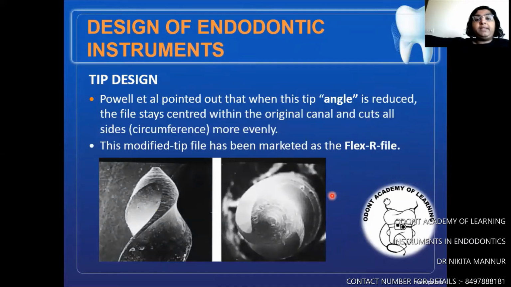Now coming to tip design, Powell et al. pointed out that when the tip angle is reduced, the file stays centered within the original canal and cuts all the circumferences more evenly. So if you can see in this picture, the tip of the file is almost in the center. It is definitely much towards the center.